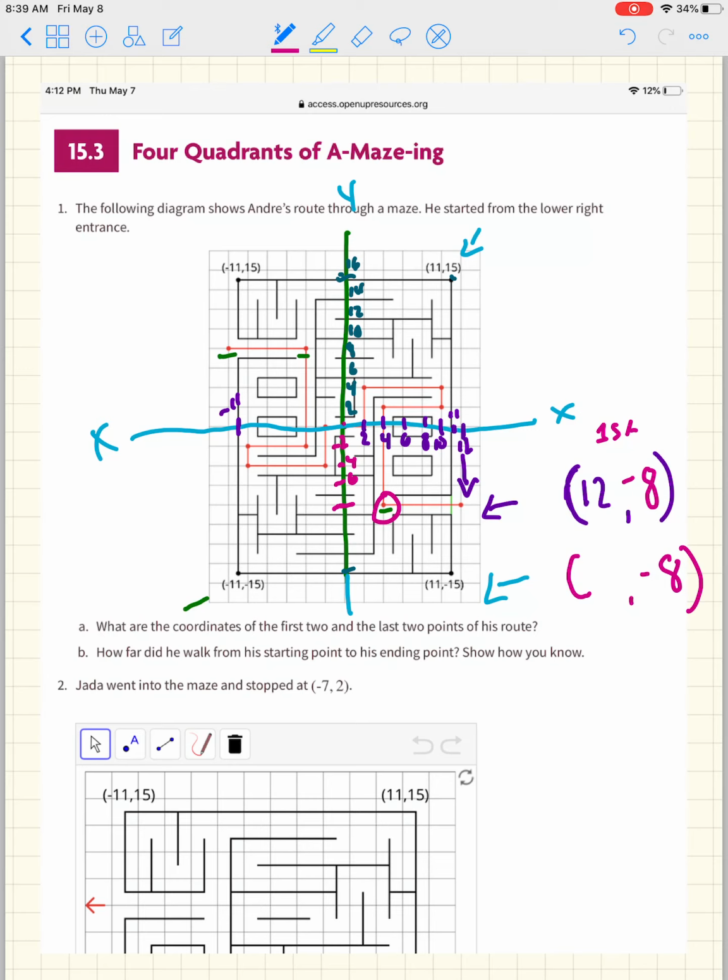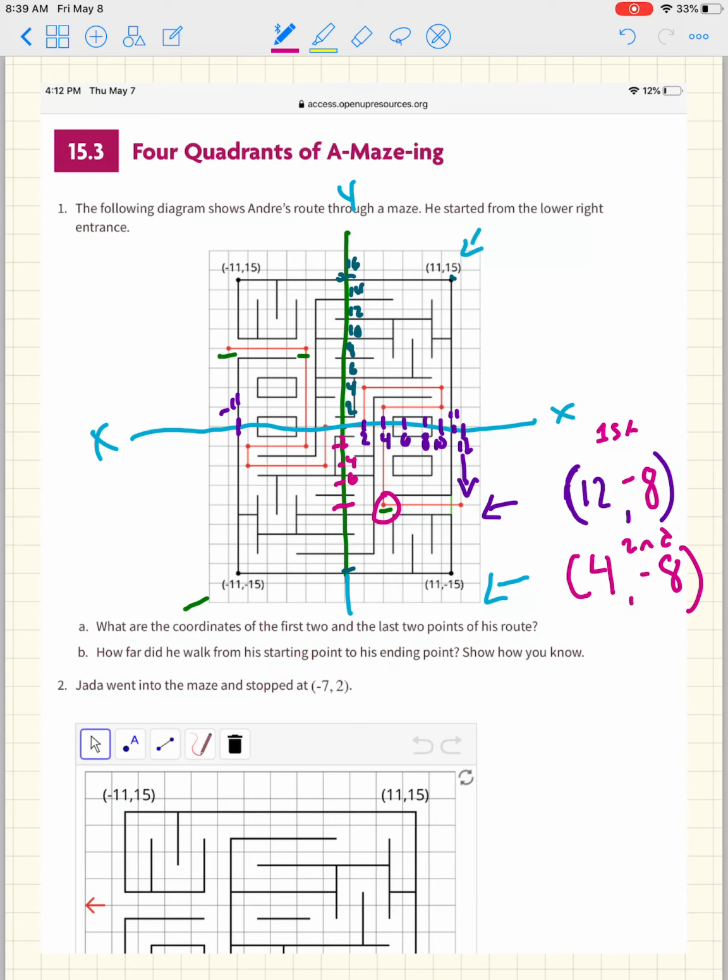Now to figure out what x value it is, we can just go see what that is right there. And we land at positive 4. So our first value is going to be 12, negative 8, and our second value is going to be 4, negative 8.